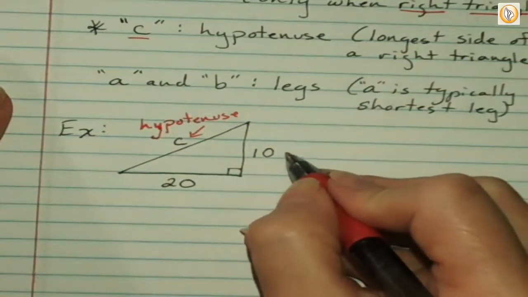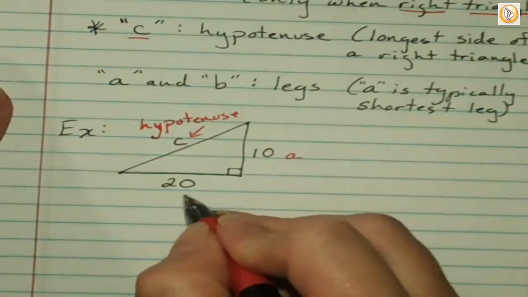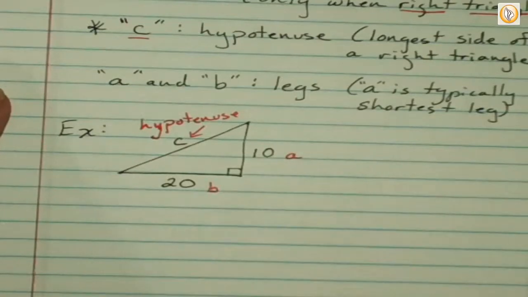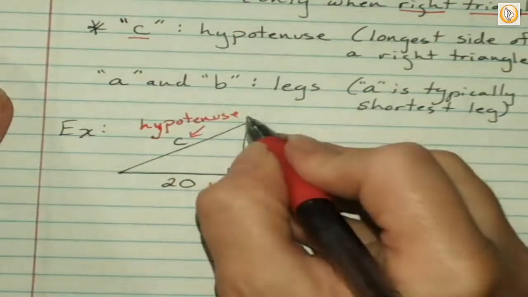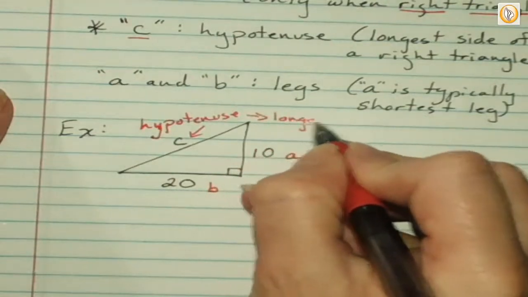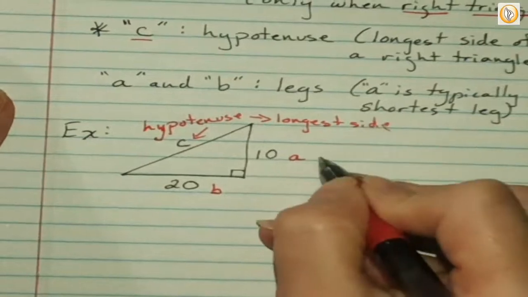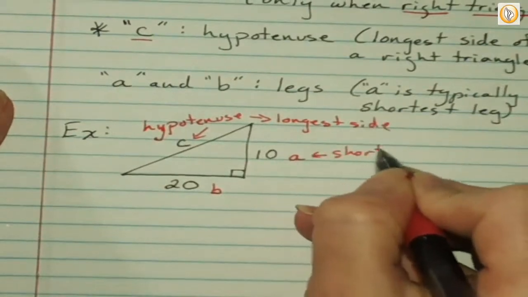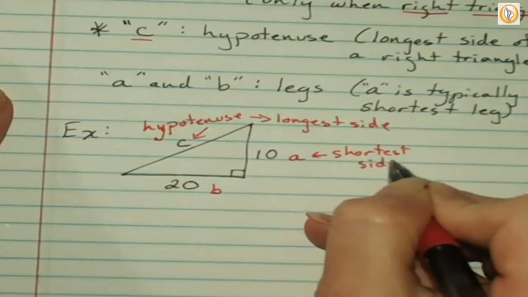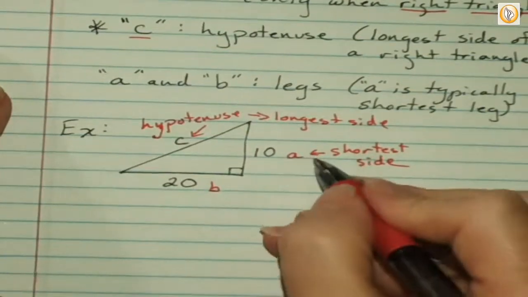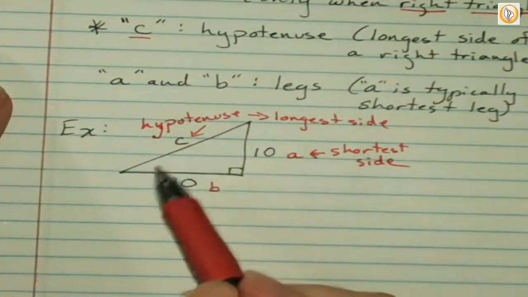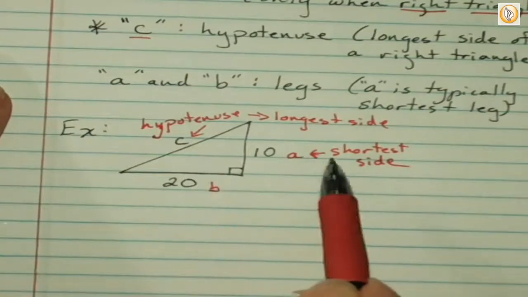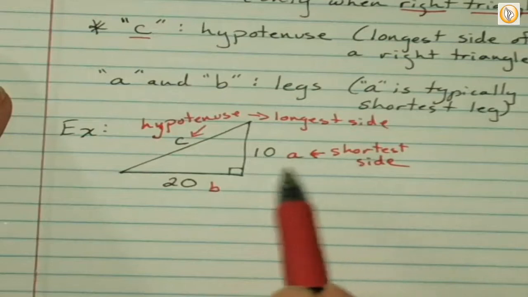So then we could call this A and this one B. So the hypotenuse is always going to be your longest side. It's opposite the 90-degree angle. A is typically going to be your shortest side. And then you just got boring little B.